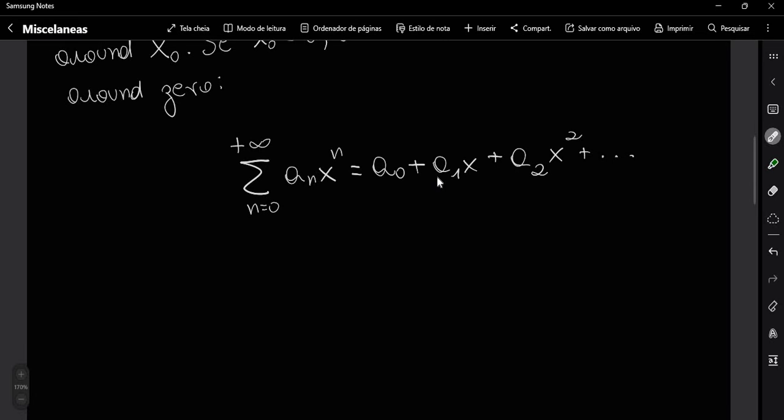And right here you have to notice that we are just substituting this lower limit on this first coefficient, and it goes to this upper limit, so it goes to infinity.